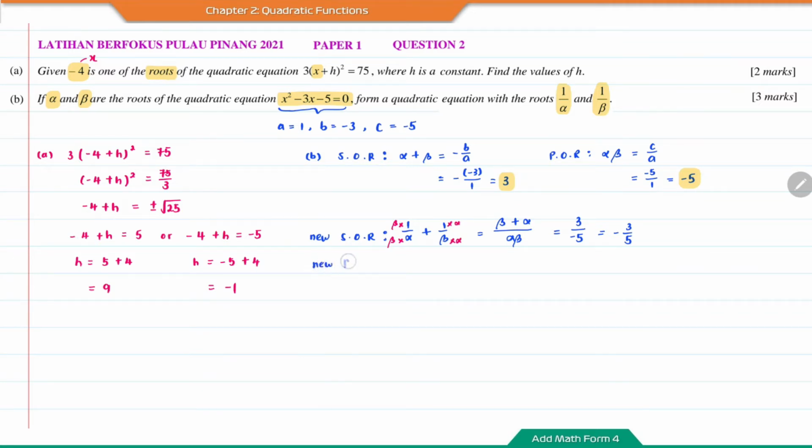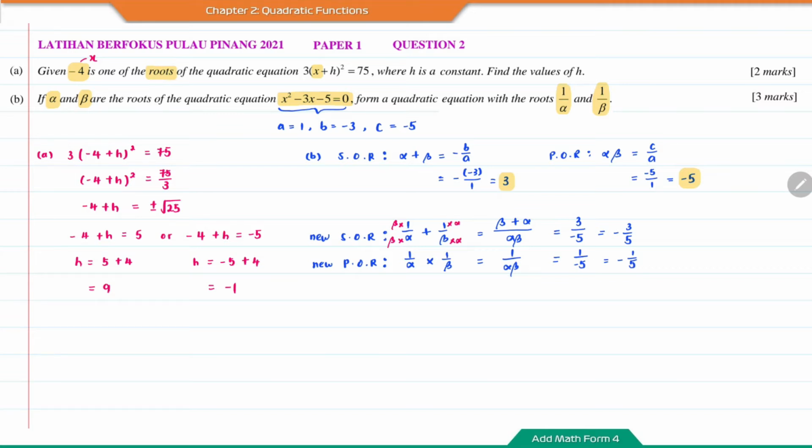And the new product of roots is going to be 1 over alpha times 1 over beta, which is going to give you the answer of 1 over alpha beta. Here we know that alpha beta is equal to negative 5. Therefore, it's going to give you the answer of negative 1 over 5.